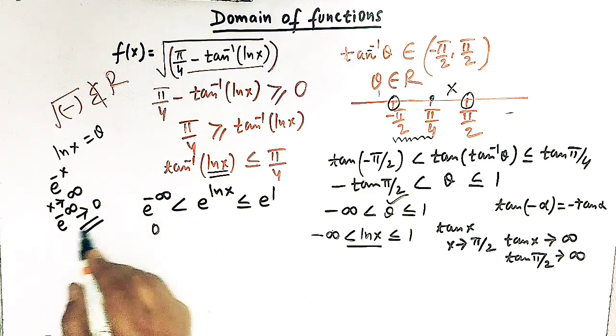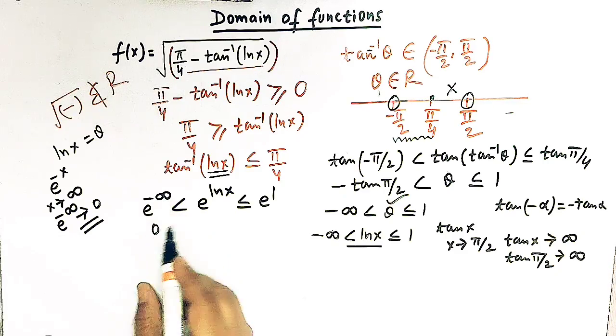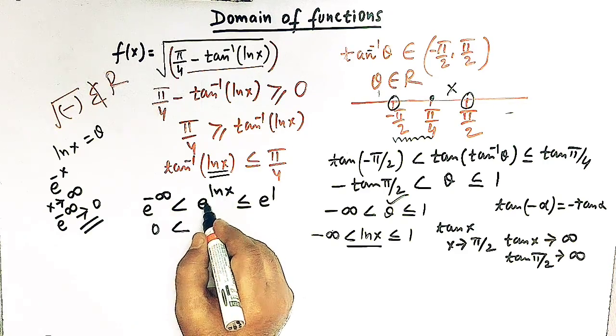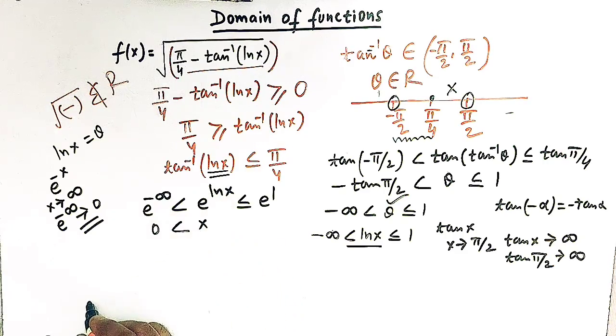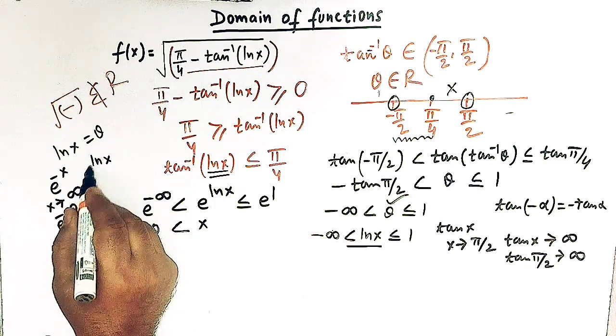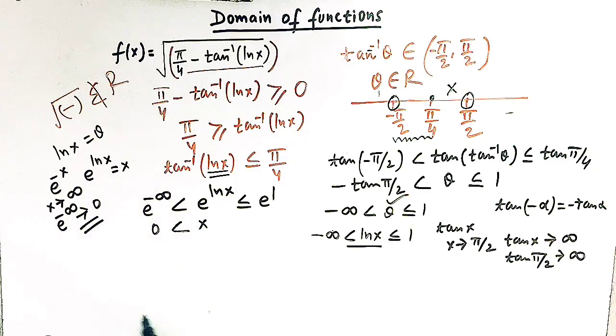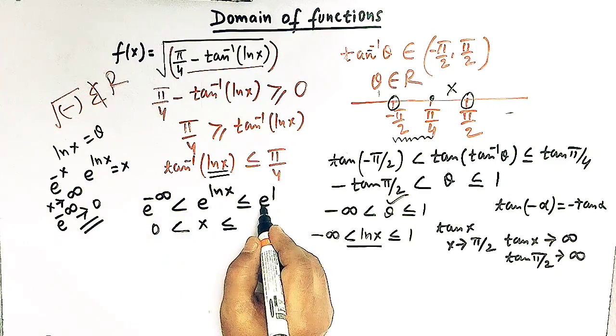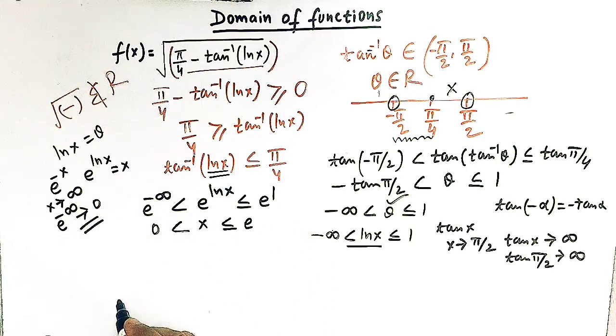So the value of e raised to minus infinity is 0, and e raised to natural log of x is simply x, because this is the well-known result, that e raised to natural log of x is simply x, and here we have e raised to 1, which is e, right?